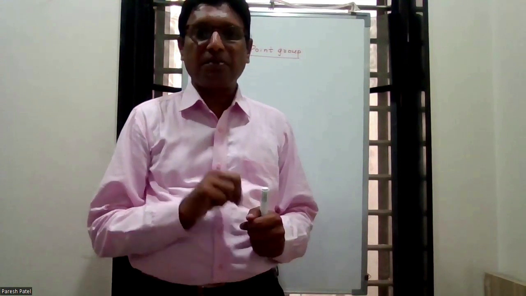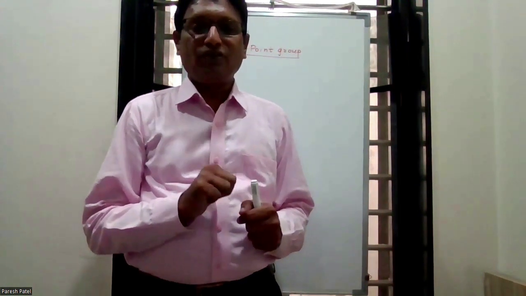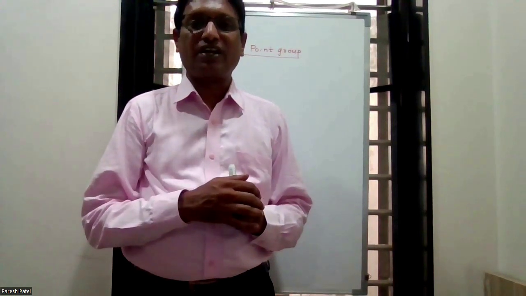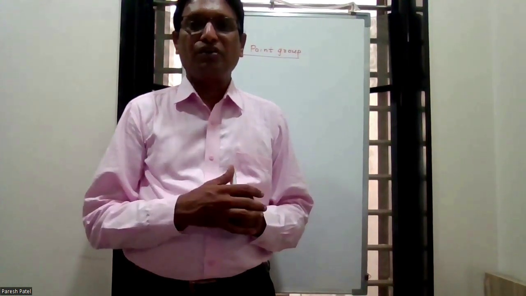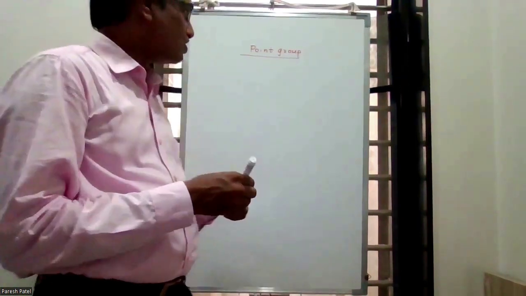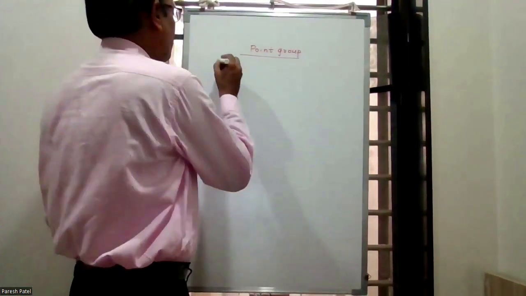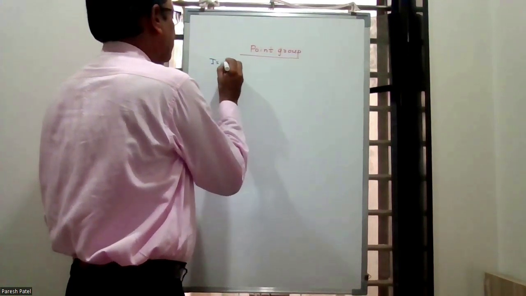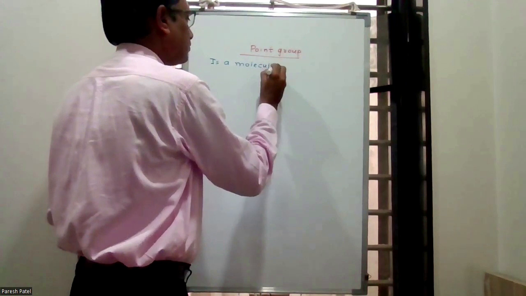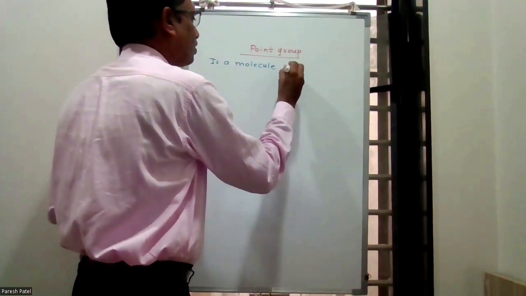Now we have to follow a chart, and with the help of the chart we can assign a point group to the molecules. So first question: is the molecule linear or non-linear?